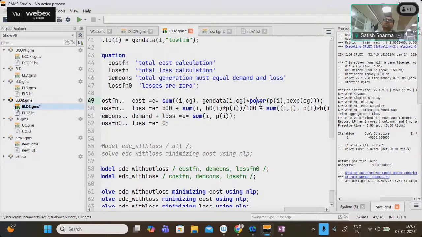Some emission function is also considered as a second order function with some negative sign and different values. And as power is being produced, it will create some emission as well. So if we are trying to minimize the cost, we can also add emission as an objective and try to minimize emission as well with the economic load dispatch.